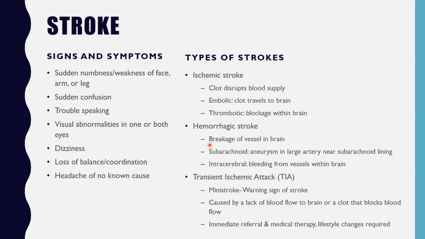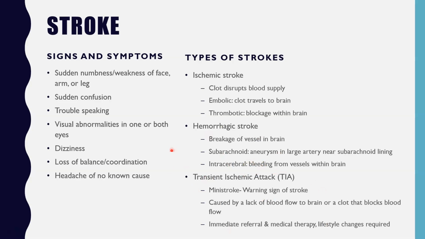But you can also have a hemorrhagic stroke, right? And these are the aneurysms, either subarachnoid or intracerebral, where we get a blood flow problem because of a breakage in a vessel of the brain, which has double problems because the blood is both toxic to the brain, but then you have a decrease in oxygen as well.